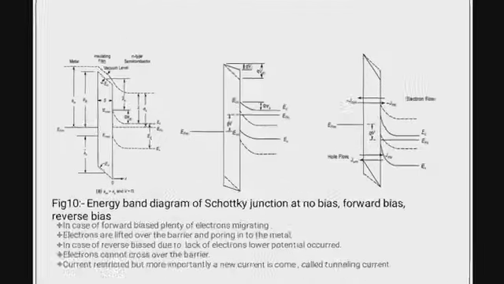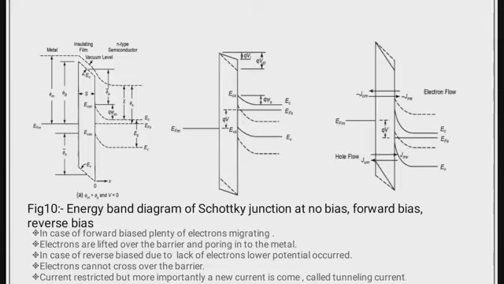What is basically happening? In case of forward biased, this is the forward condition, this one is the reverse condition. The same phenomenon happens. In case of forward biased, this portion is shifted up.